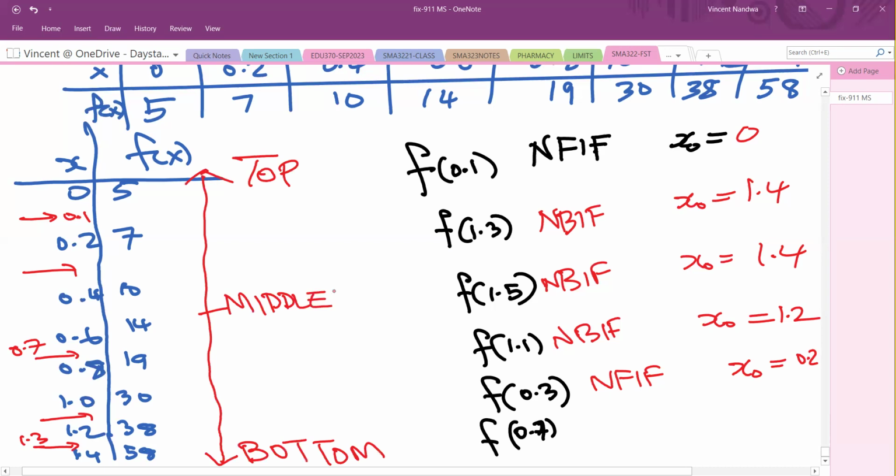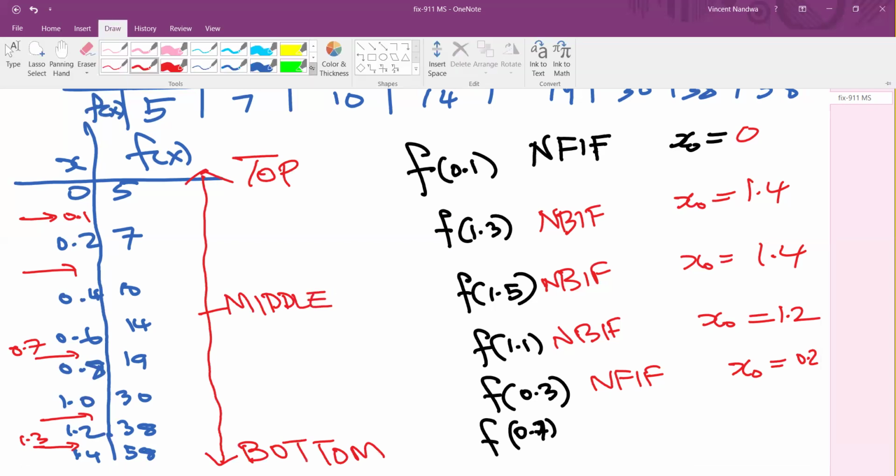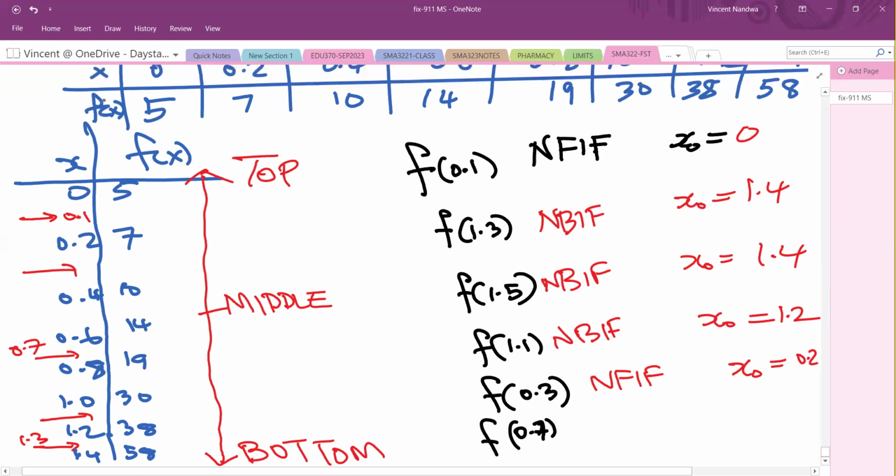Let it be noted that for the Newton backward interpolation formula, to get a better approximation of the value of the function, you must be very close to the bottom of the difference table. And for the Newton forward interpolation formula to give a better result, you must be very near the top of the difference table.